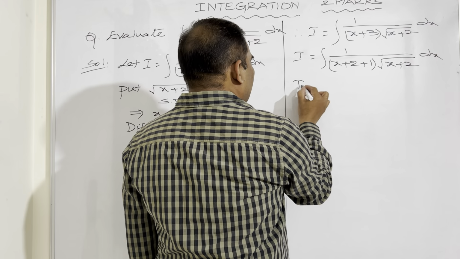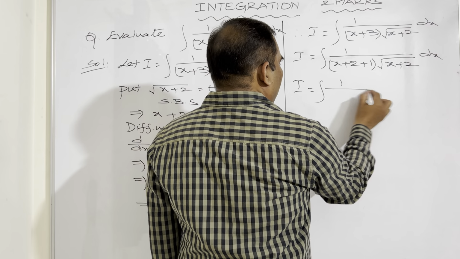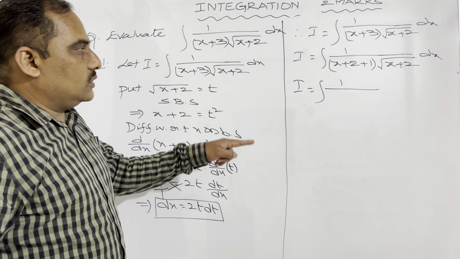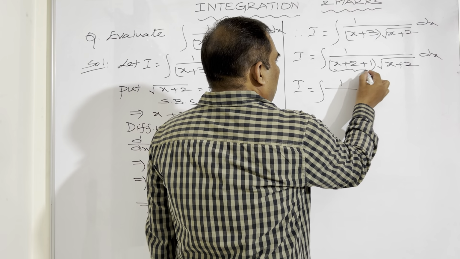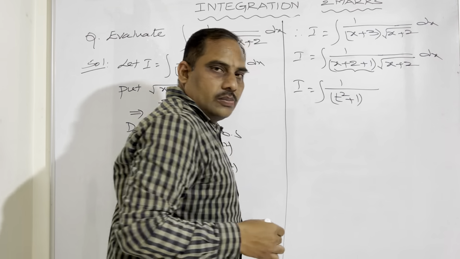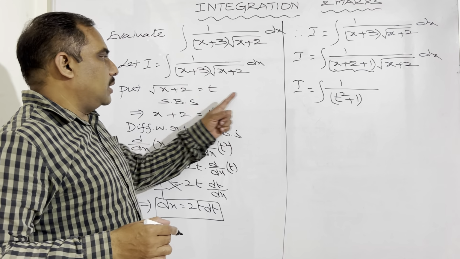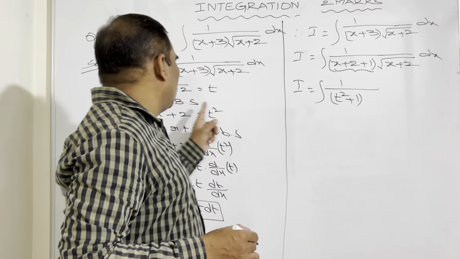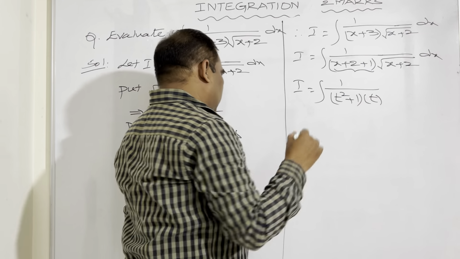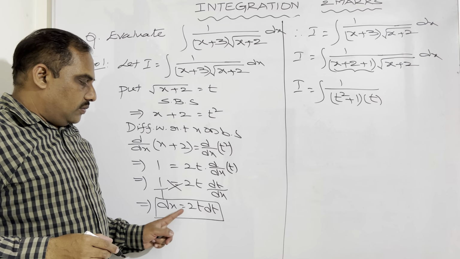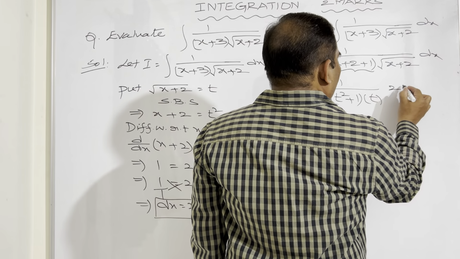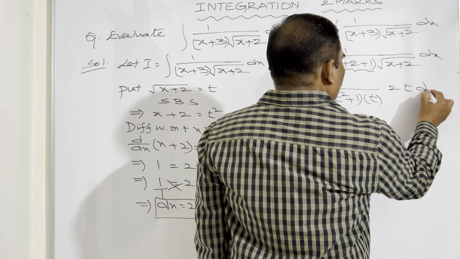So now I is equal to integral 1 by, observe here, x plus 2 is equal to t square, so it can be written as t square plus 1, and root x plus 2 is replaced by t. And we have dx is equal to 2t dt, so dx is replaced by 2t dt.